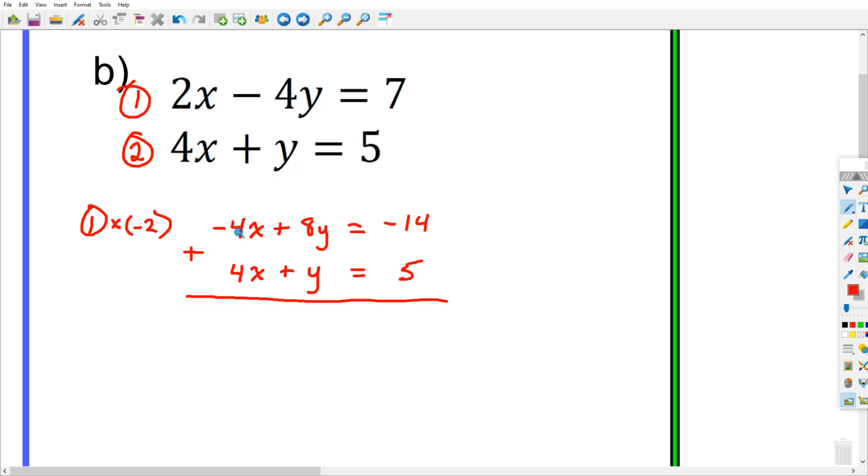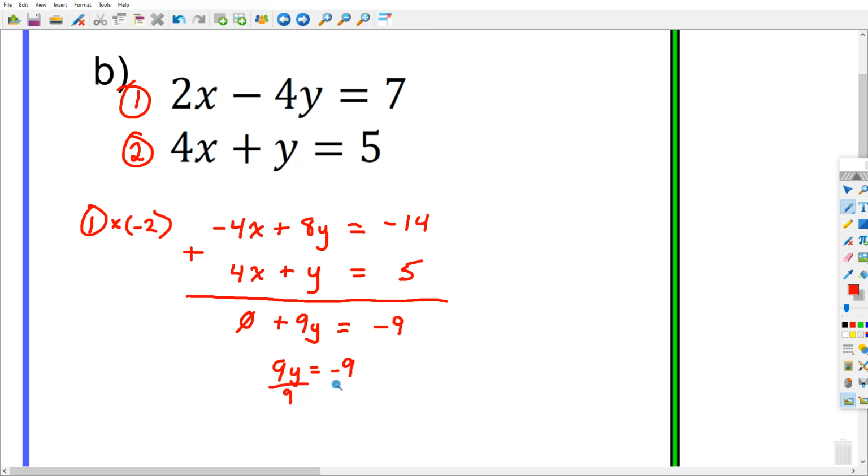If they were the same number, you could subtract them. So when I add these together, negative 4x and positive 4x make 0. So we've eliminated the x terms. I have now 8y plus y makes 9y, and I have negative 14 plus 5, which gets me negative 9. So finishing off this part, I have 9y equals minus 9.